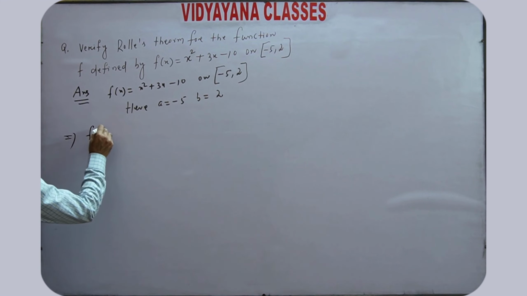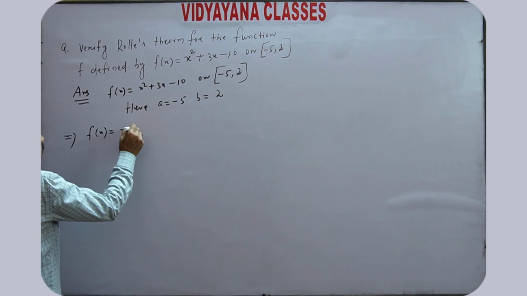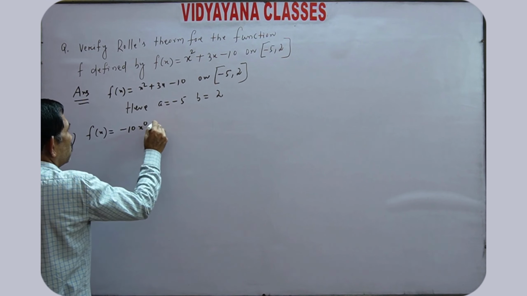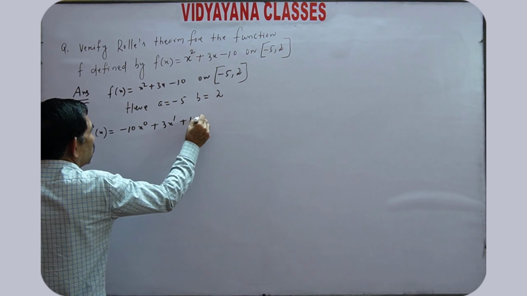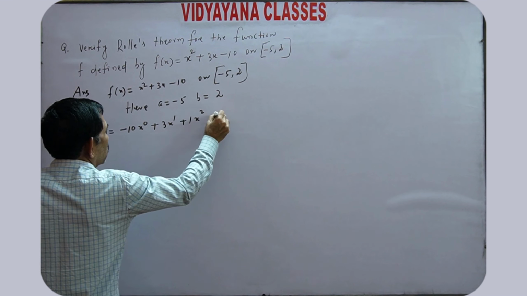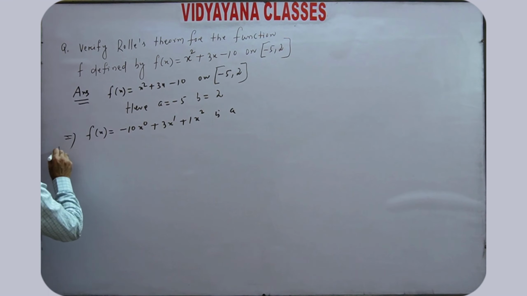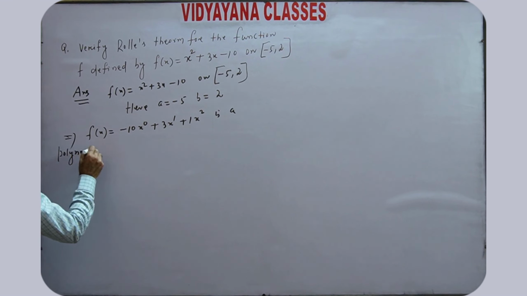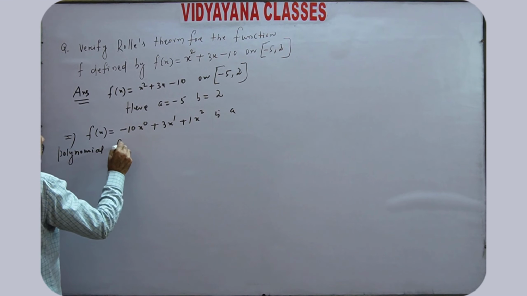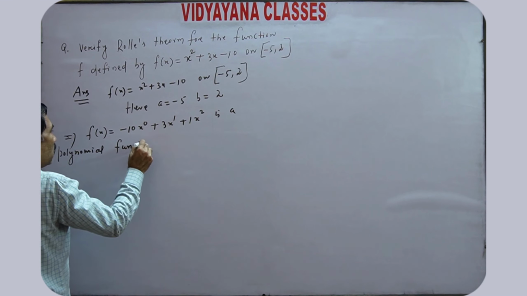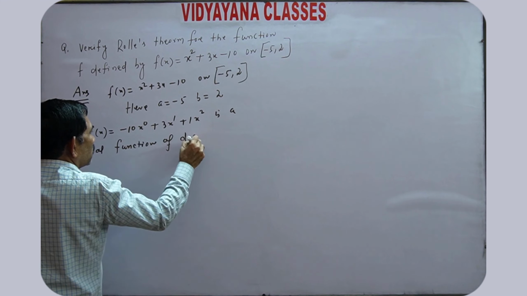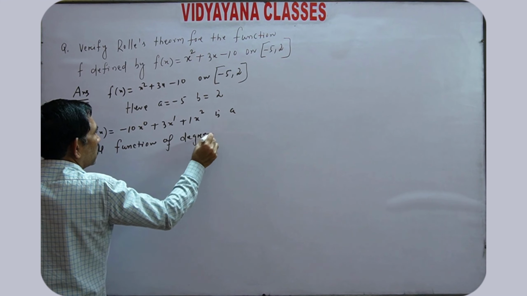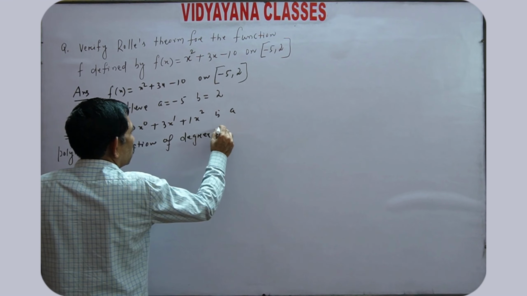This implies f(x) is equal to minus 10 into x to the 0, plus 3 into x to the 1, plus 1 into x to the power 2, is a polynomial function of degree 2.